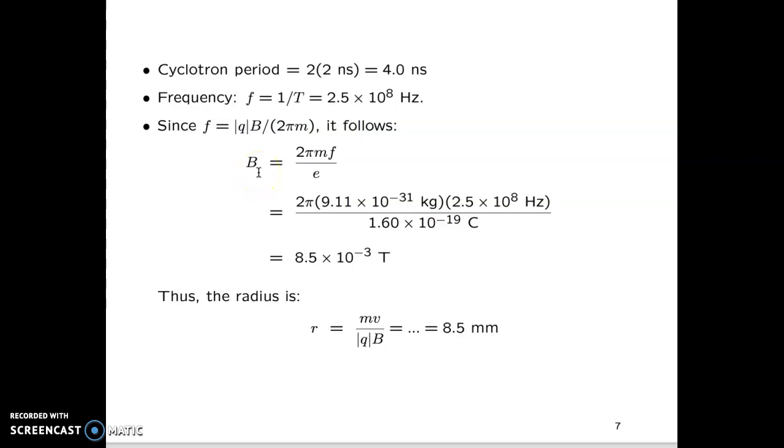Solve for the magnetic field, just rearrange it to find B. It's 2 pi m f divided by e. Substitute in the numbers, and this is what you get: 8.5 times 10 to the minus 3 Tesla. Finally, the radius, substitute it back into this equation, you'll get 8.5 millimeters.